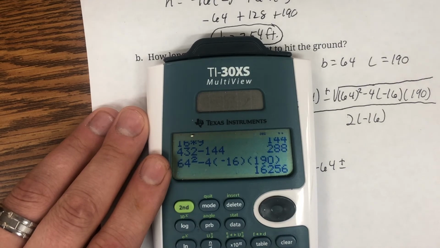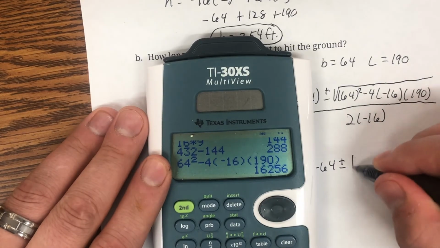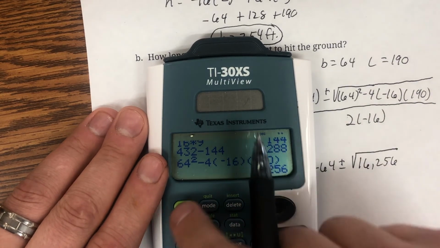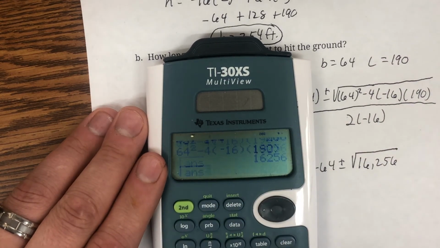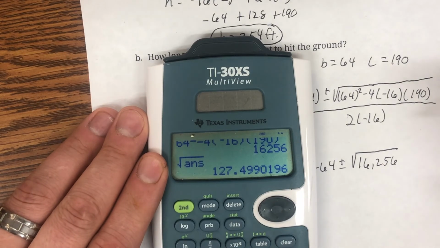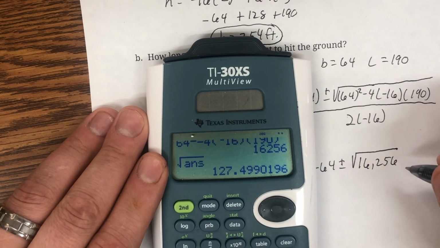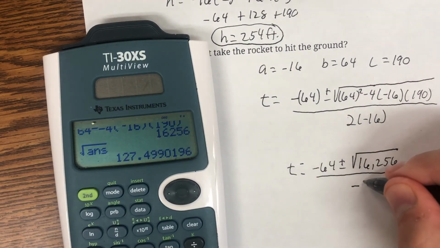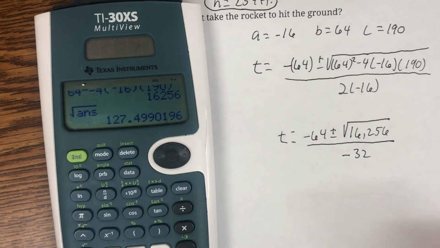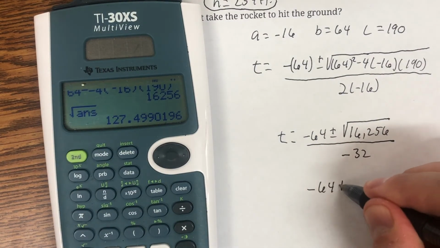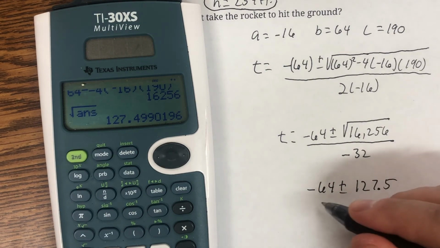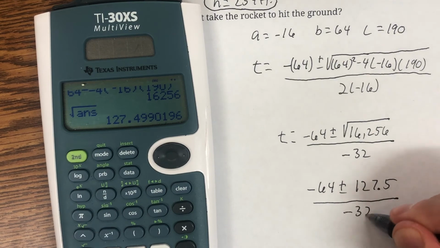I pressed enter, so I got 16,256. Take the square root of that, and we get 127.499. So that's 127.5. All over negative 32. So negative 64 plus or minus 127.5 divided by negative 32.